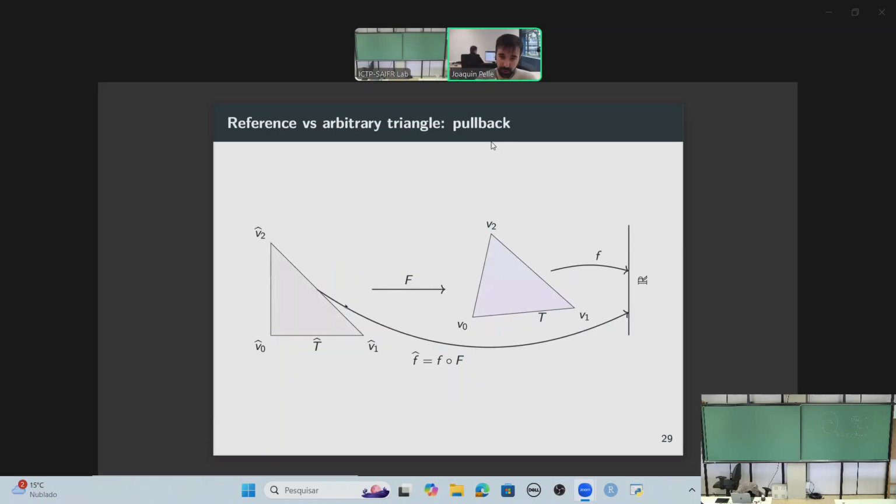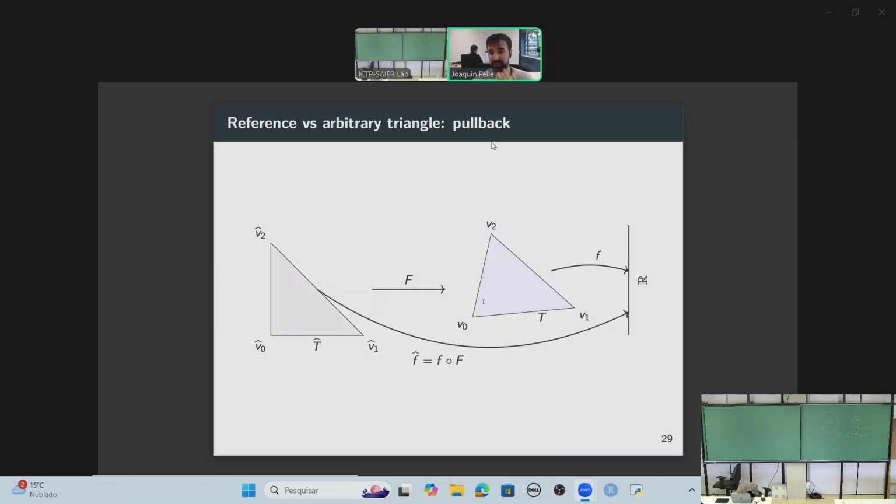So now we want to see how to translate information about functions, right? So we have our reference triangle here, we have our physical triangle here, and we have our affine map that goes from the reference triangle to the physical triangle.